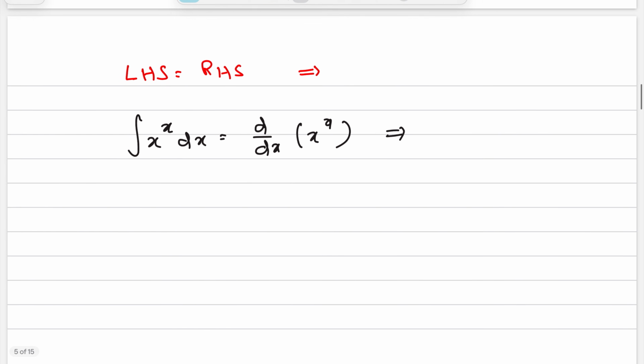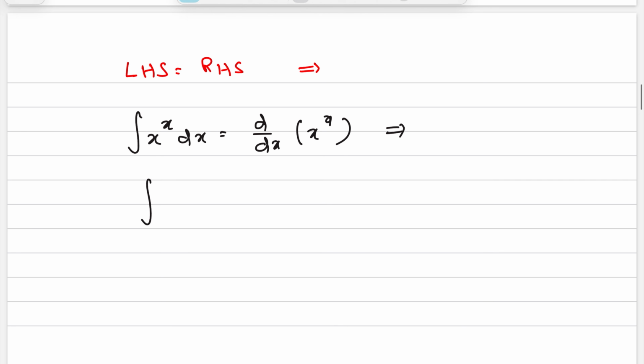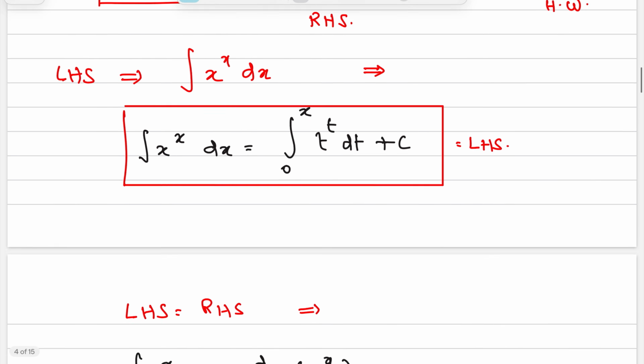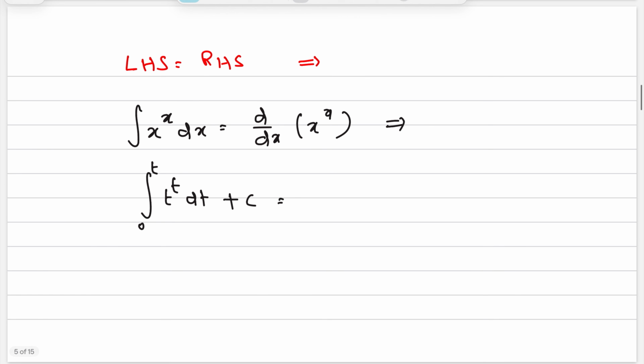That can be written as integral 0 to x t to the power of t dt plus c is equal to, what is d by dx of x to the power of x? x to the power of x into 1 plus ln x. Are you able to follow here? Ultimately, the problem comes to this stage.